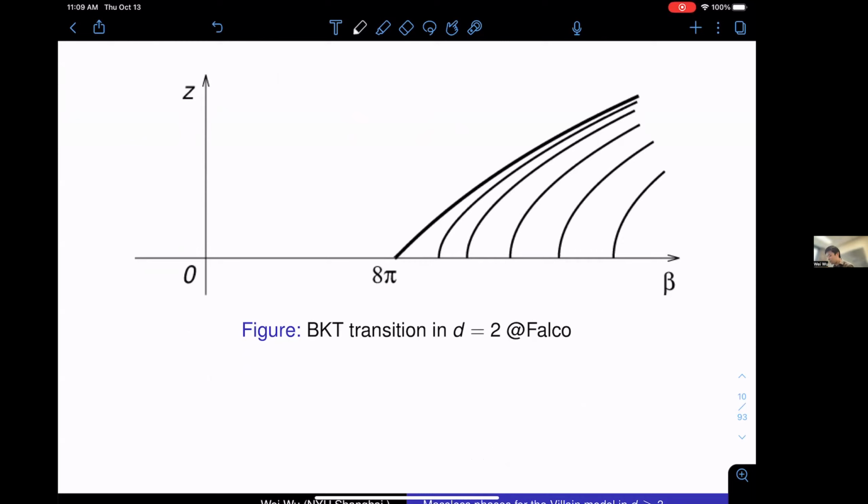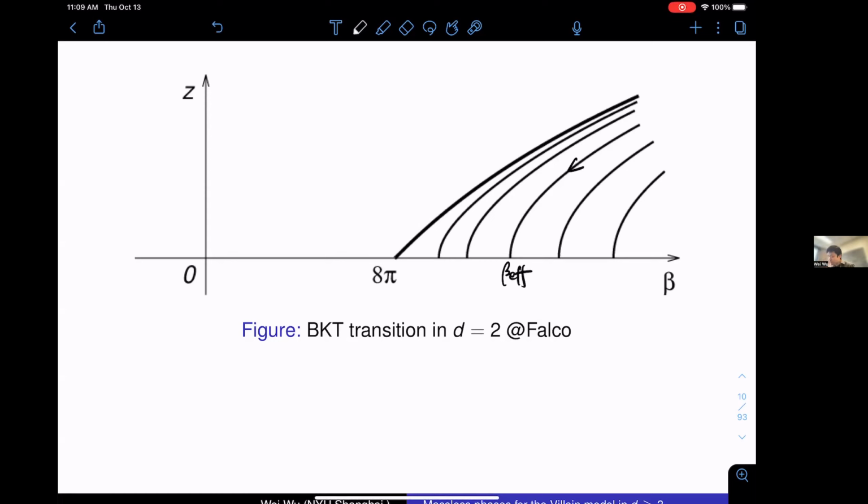So if you zoom out the scales, you would expect that if the temperature is low, then there's some renormalization flow happening, and eventually you flow to a Gaussian free field with some effective covariance matrix or diffusivity, some kind of beta effective.